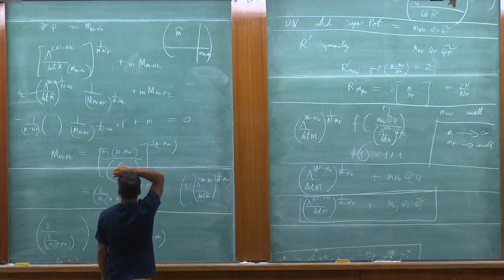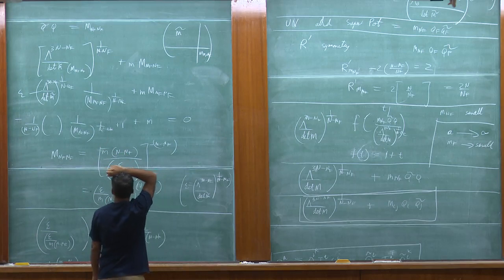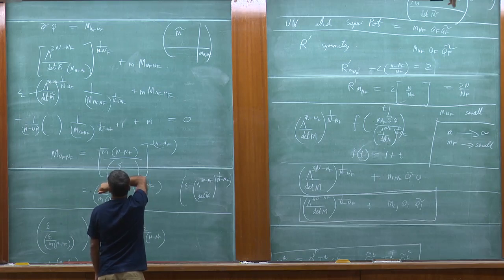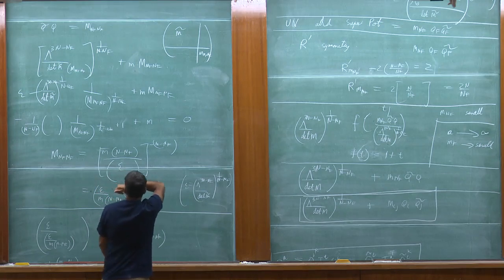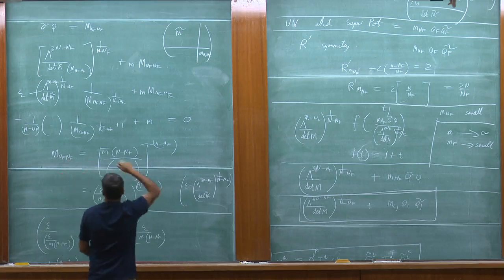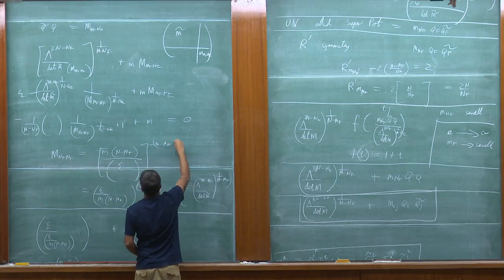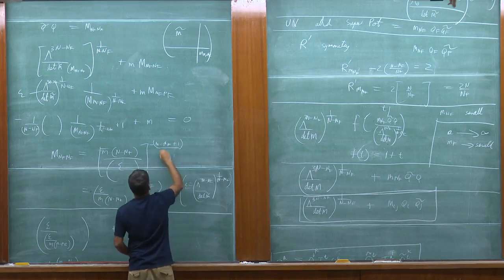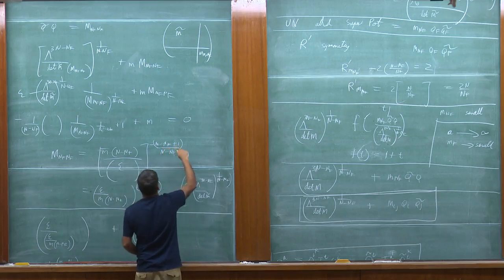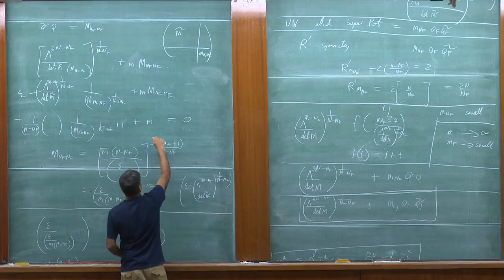So, I have to raise to the power... The power becomes n minus nf plus 1 divided by n minus nf. Yes, I'm just saying whatever the cancellation happens. Help me, what was the right power? I think without the minus sign outside. Without the minus sign outside.